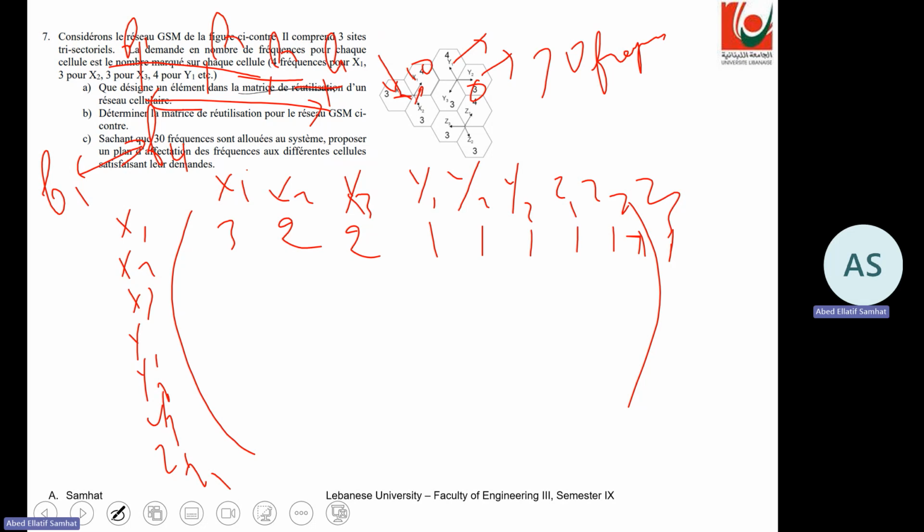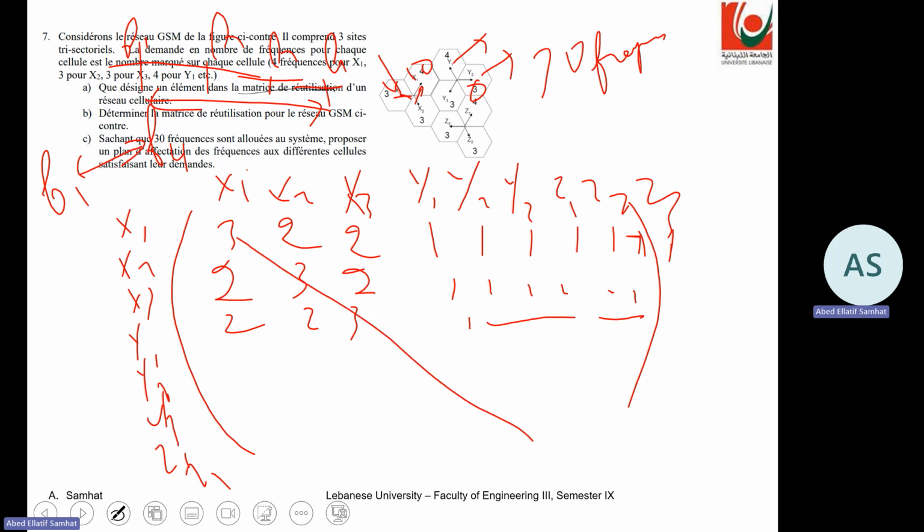If it's more than this number, that's okay. Similarly, x2 with x1 is also 2, x2 with x2 is 3, x2 with x3 is also 2, and it's 1 with the others. For x3 it's 2, 2, 3, and 1 with the others. That's how we can complete it. The diagonal will always be 3.